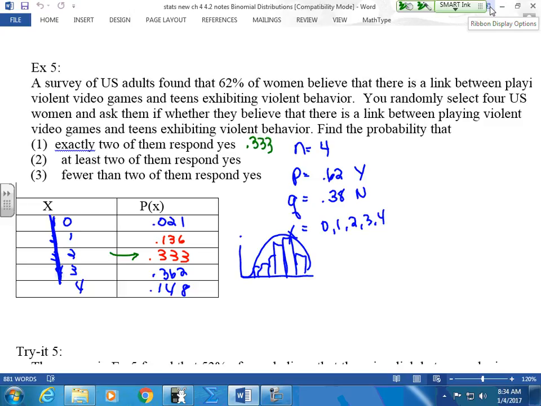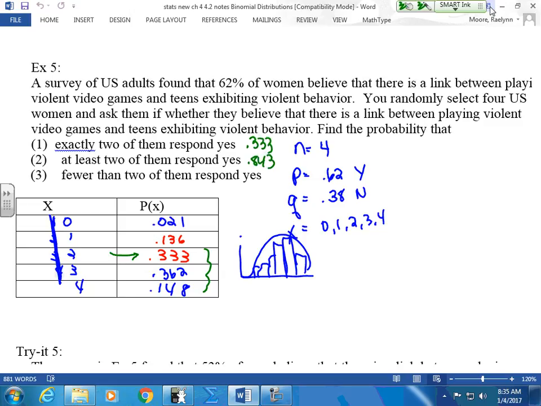So what am I looking for? 2 or more, 3 or 4. And what am I going to do with these guys? Add them up. Look at how much of your probability is there. So where most of your probability is. Let's see if I have the answer to this. 0.843.